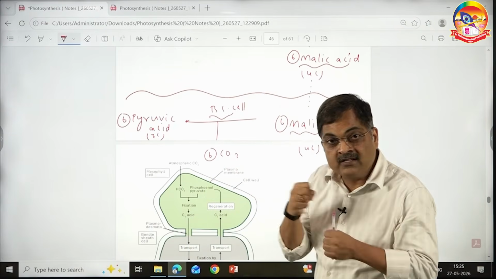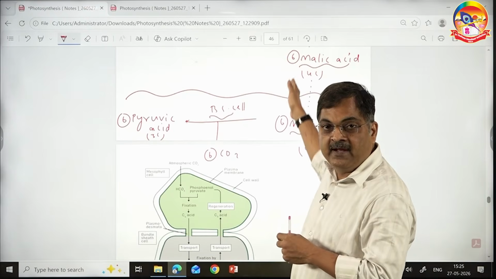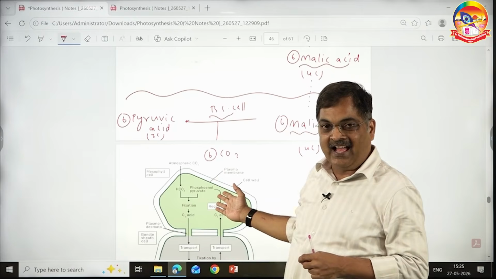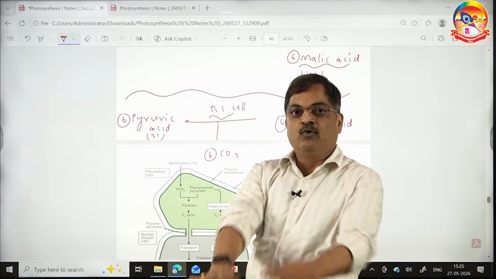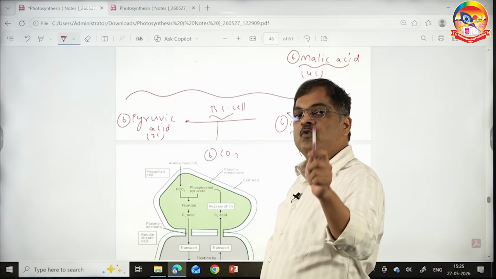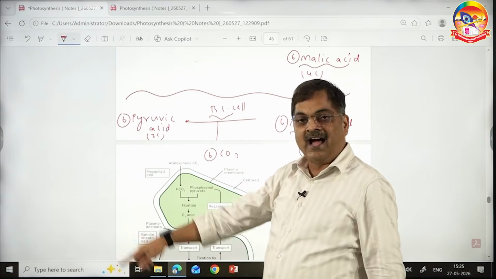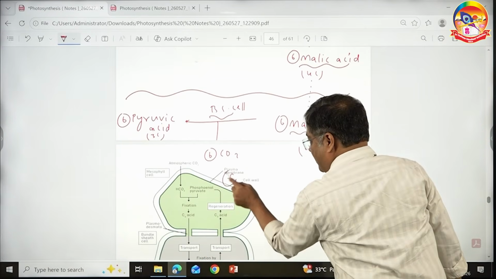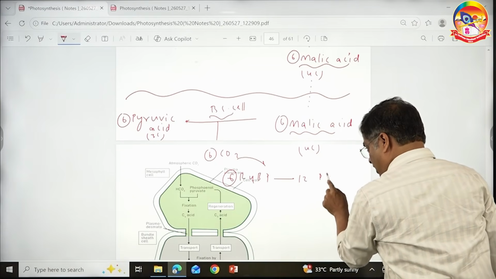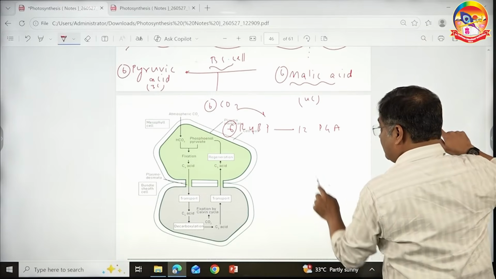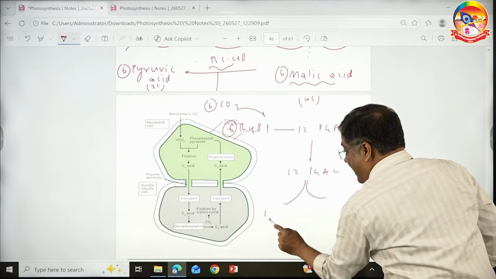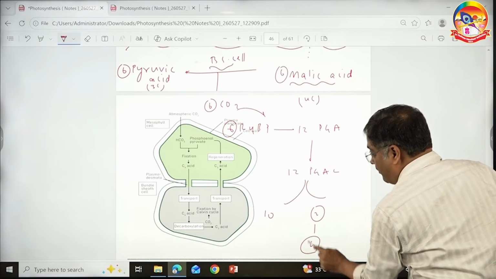Malic acid runs through plasmodesmata, carrying this carbon dioxide into the bundle sheath cell and liberates that CO2 to form pyruvic acid, and that CO2 is accepted by RuBP. This is accepted by 6 molecules of RuBP to form 12 molecules of PGA. It forms 12 molecules of PGA. 10 and 2. These 2 molecules form glucose.